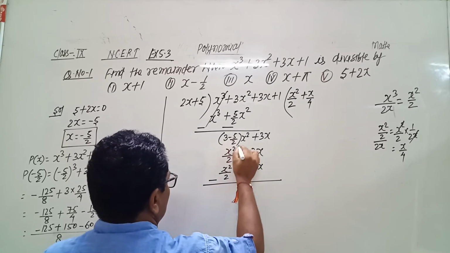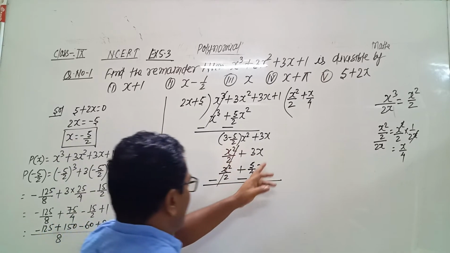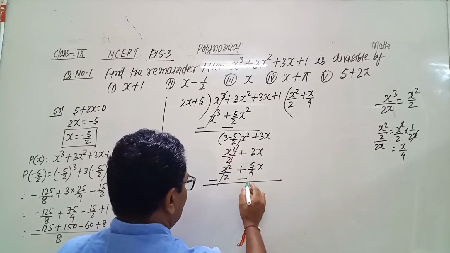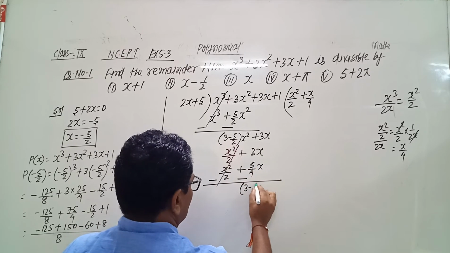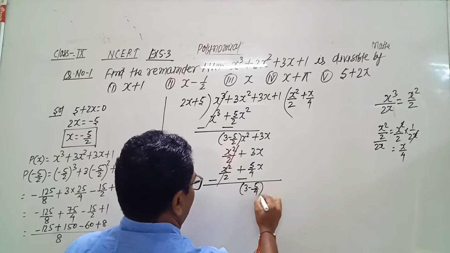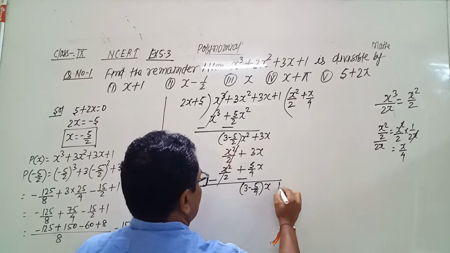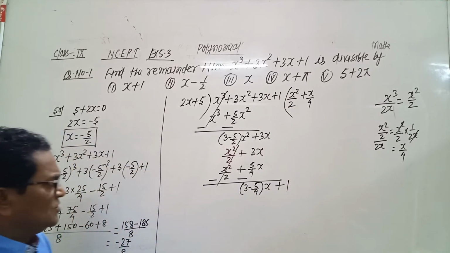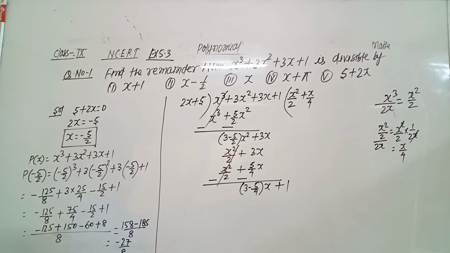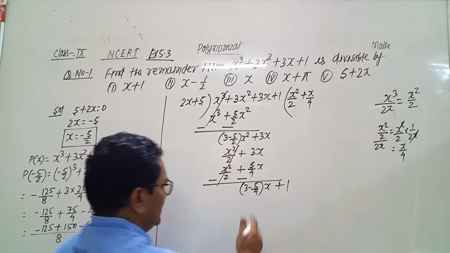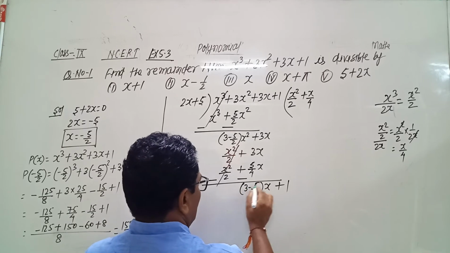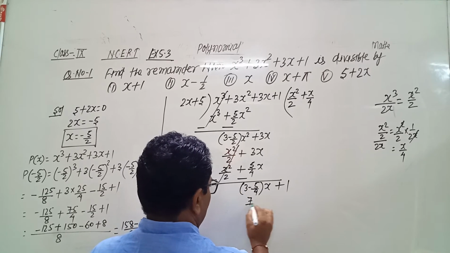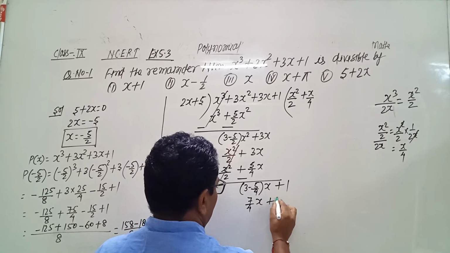Sign gets changed, cancelled, x is common. So 3 minus 5 by 4 x, and the remaining there was 1. 3 minus 5 by 4 x plus 1. Taking LCM, 12 minus 5, 7 by 4 x plus 1.